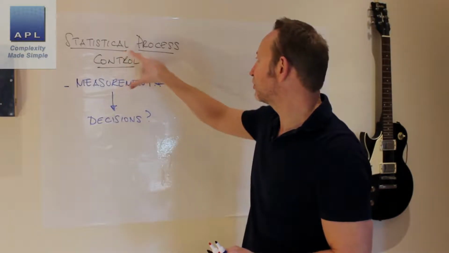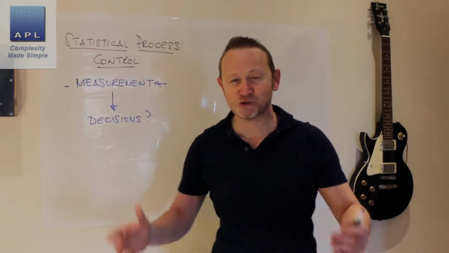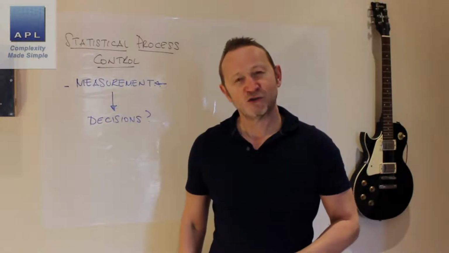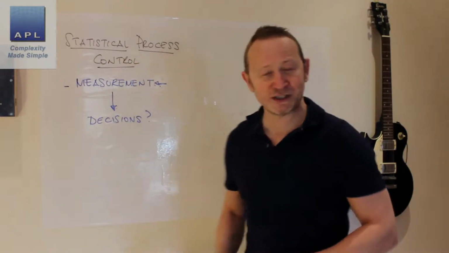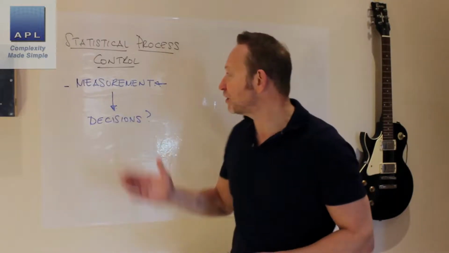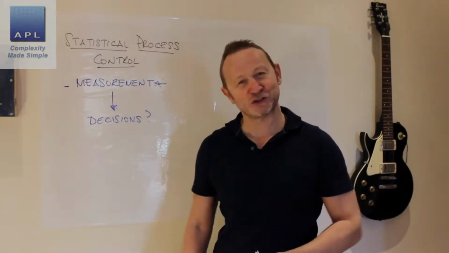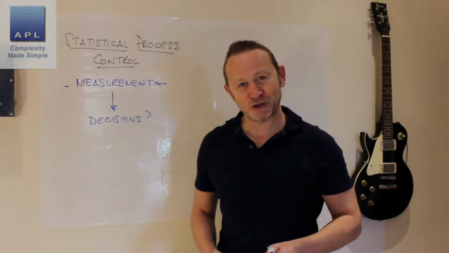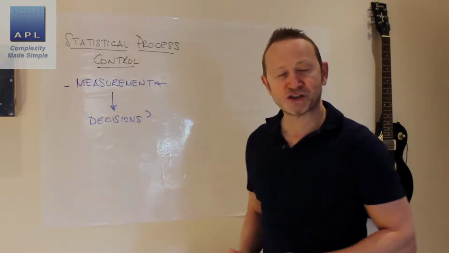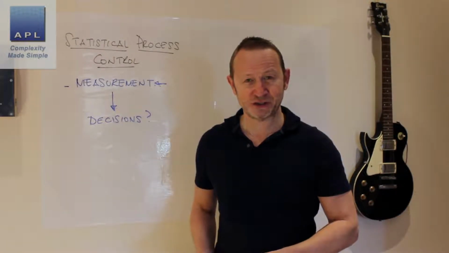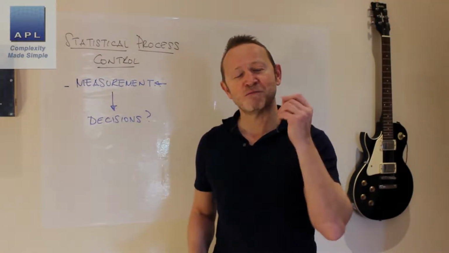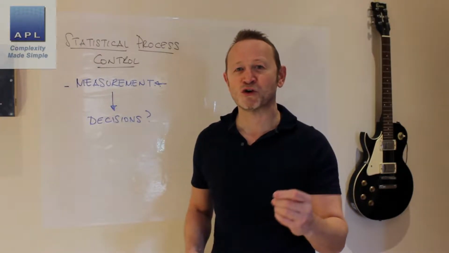So look at this thing, statistical process control. We take measurements, we make decisions. You're already doing it. You're already doing it. So don't tell me you don't need SPC. If you don't need SPC, you wouldn't measure anything, you wouldn't bother adjusting anything. It's already going on. So why do you want this thing then? Well, the reason you want proper SPC is to stop you making the processes worse.